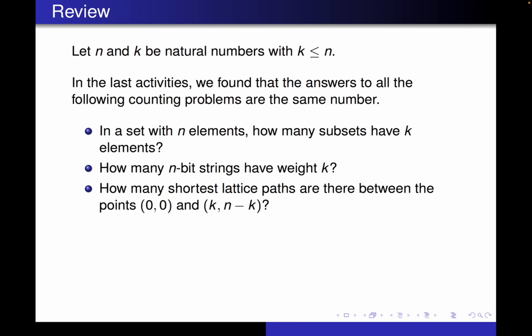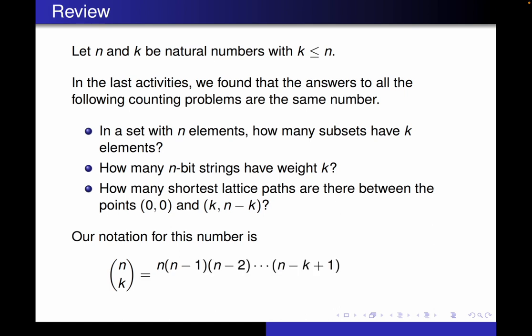And we're going to give that number that describes all three of those a name. It's a parentheses with n on top and a k on the bottom, and the way we say it is n choose k. The way we found it is we first got an approximation: n times (n − 1) times (n − 2), counting down all the way to (n − k + 1). We discovered that that was too much.